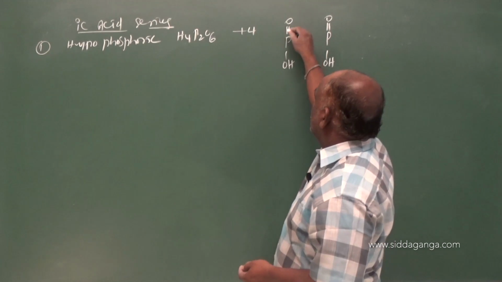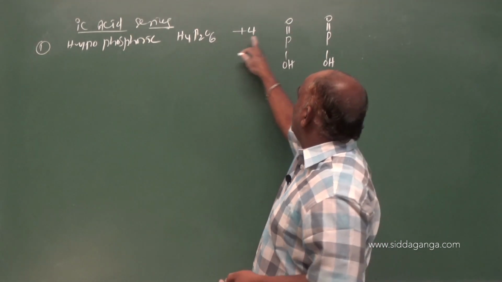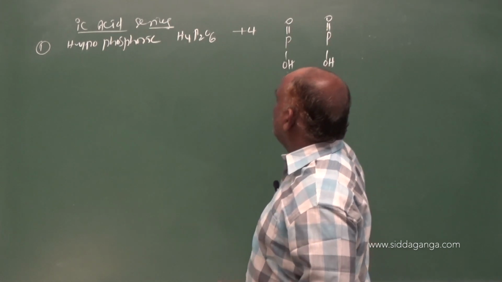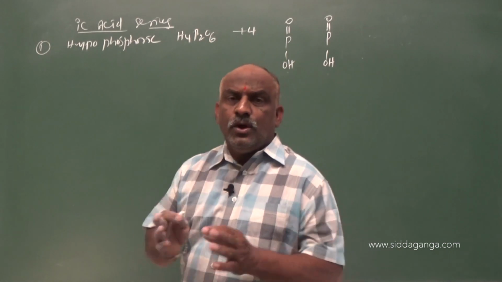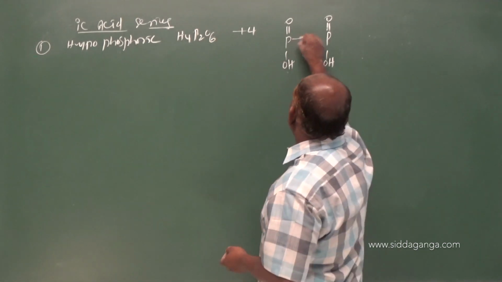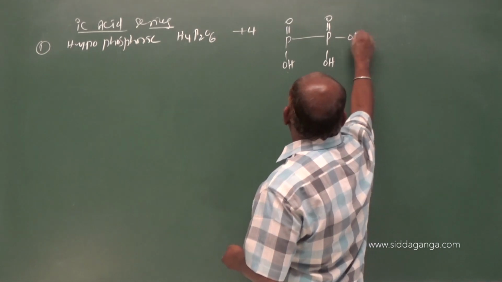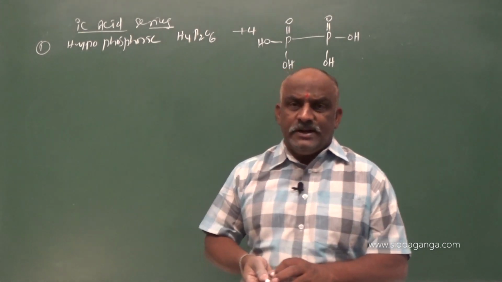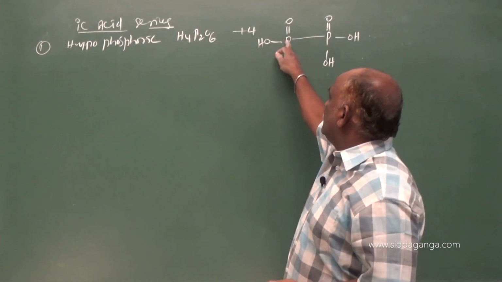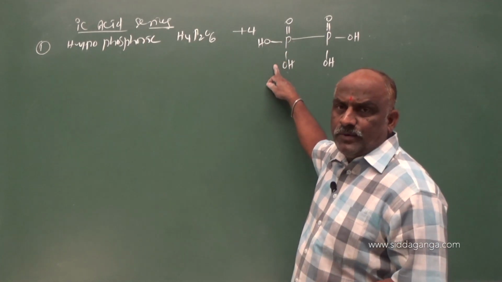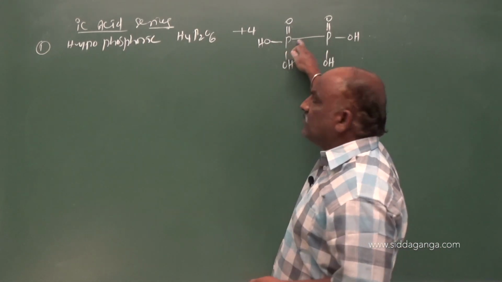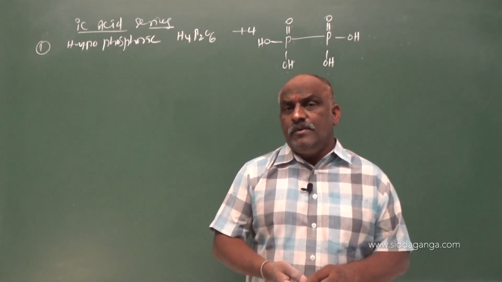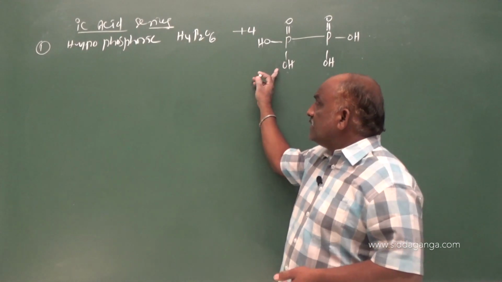Here we still required 2 phosphorus atoms are over, 4 oxygen atoms are over, 2 hydrogen atoms are over, and still we require 2 hydrogens, 2 oxygens. So you should make one bond here, and this is one OH group and this is one OH group. This was the structure of hypophosphoric acid. How many P-OH bonds? 4 P-OH bonds, 2 P=O bonds and 1 P-P bond take place in hypophosphoric acid.